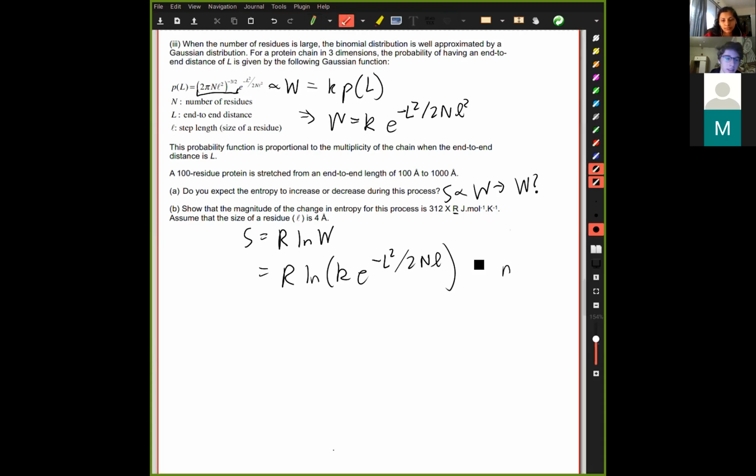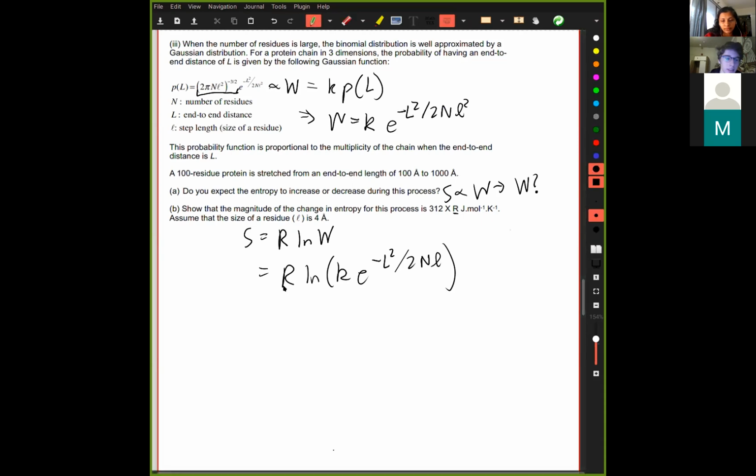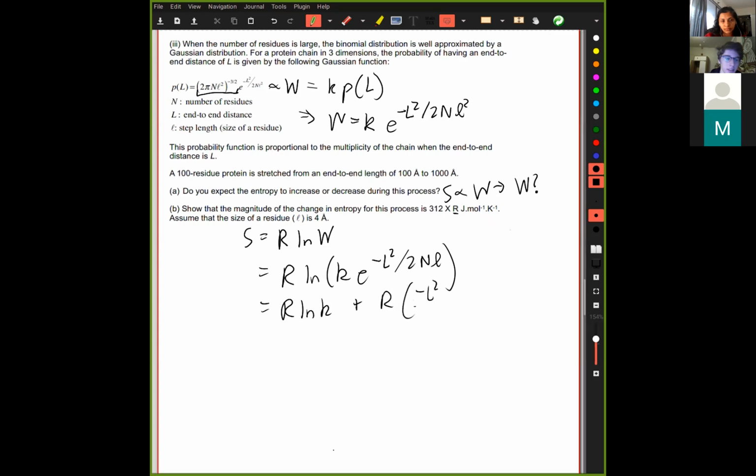Wait, no, sorry, my bad. It's just equal to this, which we then expand out using the rules for natural log. So we get R ln of k plus R times this expression up here, negative L squared over 2nl squared, since natural log of e to the quantity is just that quantity.